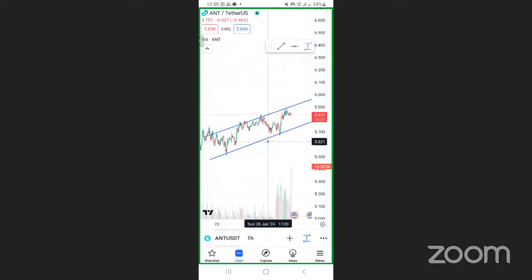So if you're trading this coin, the best way is to wait. Like now it's on the upper range line, so it's more likely going to come back around here. Are you getting me?